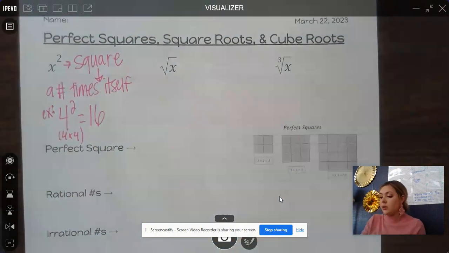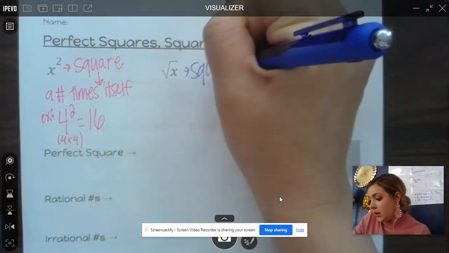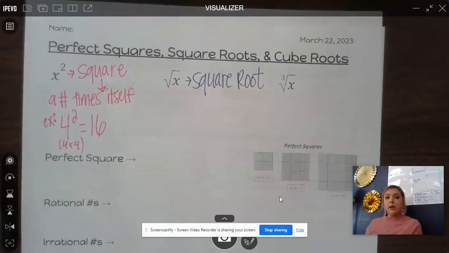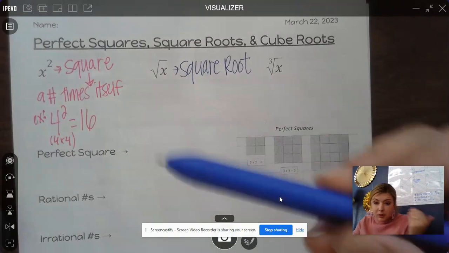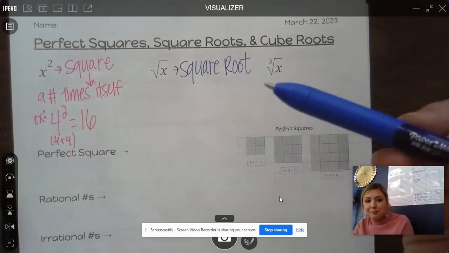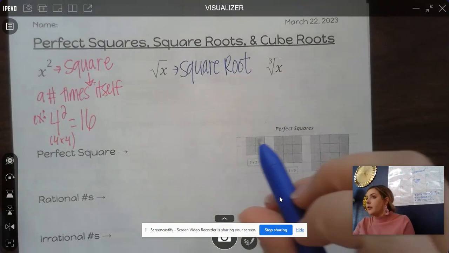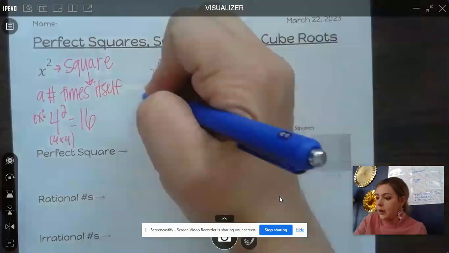So let's talk about square root. So we're writing this one right here. We're going to write square root. And rather than like that check mark box thing, it's called a radical symbol. But I think of a question when I see square root. Every single time I think of the same question, okay? And you said it earlier, exactly.